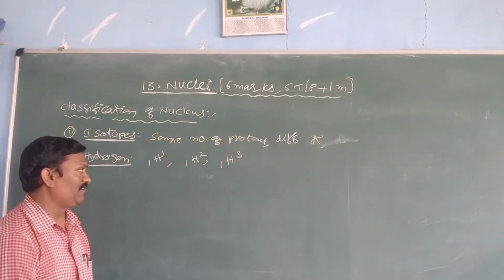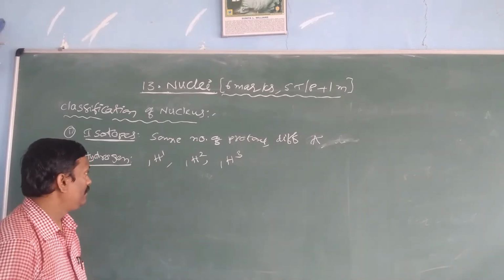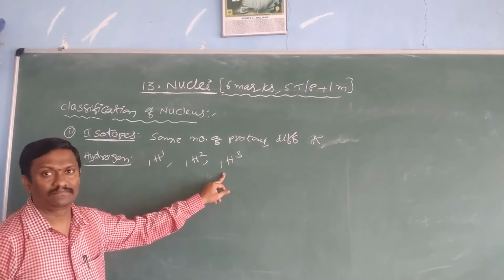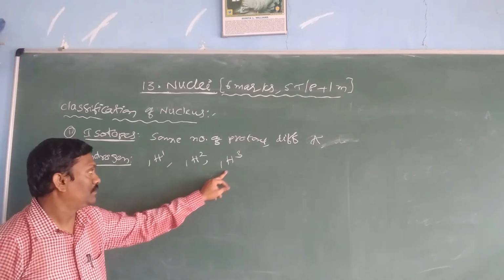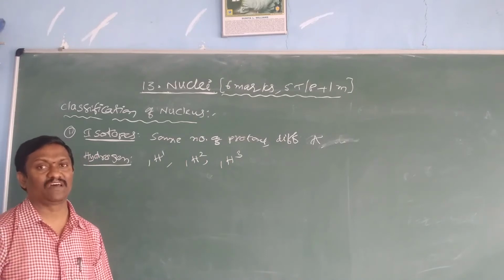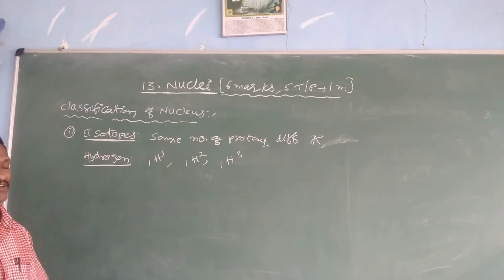So these are the 3 different isotopic forms of hydrogen. All these nuclei have the same atomic number, the same number of protons, but different mass numbers. That is one example of isotopes, hydrogen.